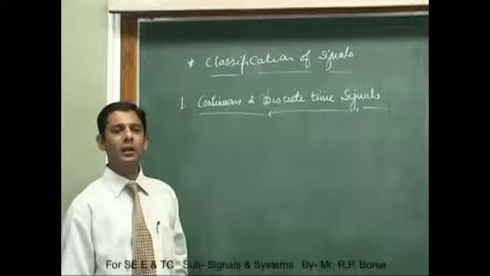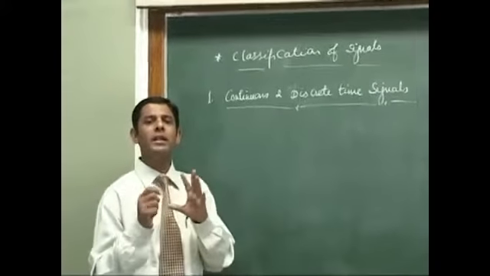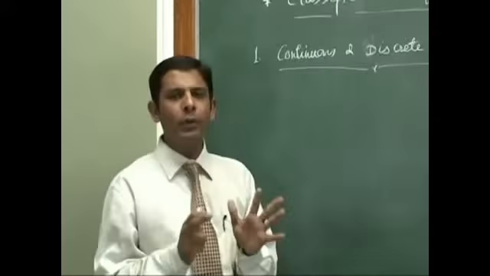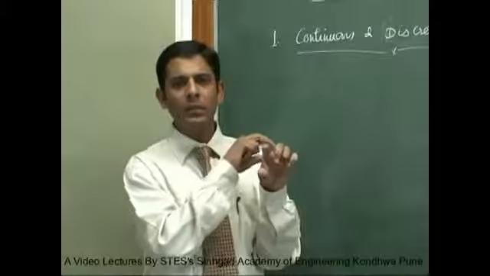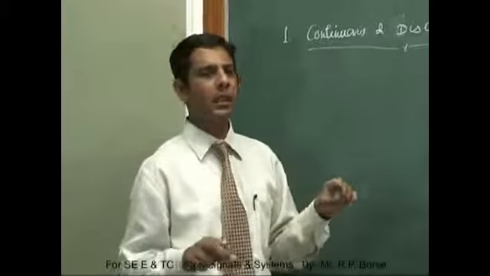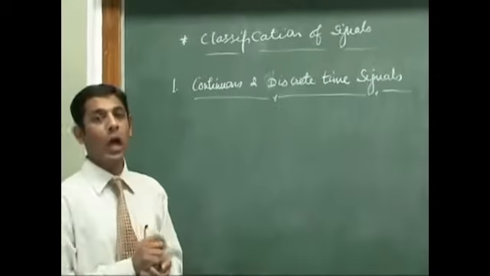Now it has to be understood that certain classifications of signals are done based on the amplitude and certain classifications are done based on the time axis, or the independent axis. As far as continuous and discrete time signals are concerned, it is both. Now how is it?